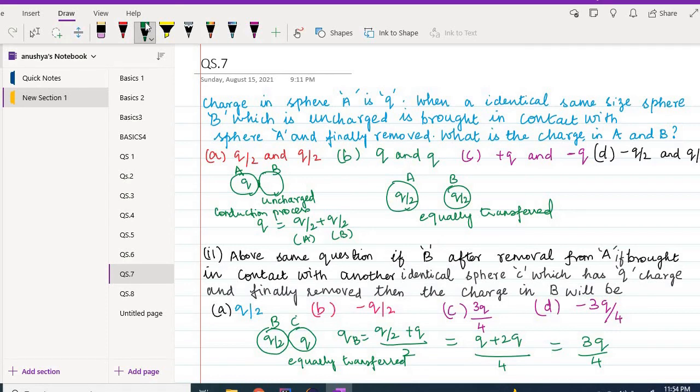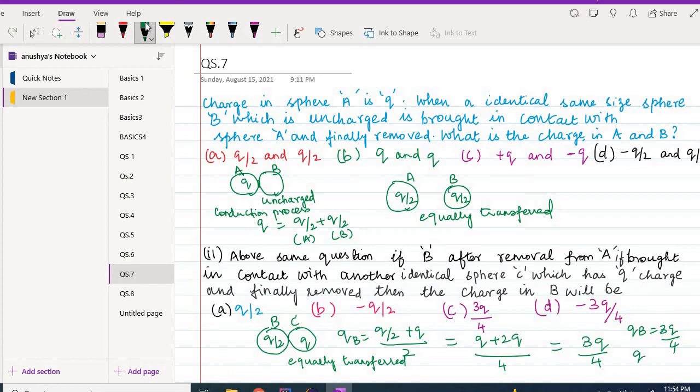We take the same B and put it with another charged body C. Again equal transfer, physical contact, again conduction process. Equal charges will be transferred between B and C. So again Q by 2 plus Q, take the average of it by 2, and you will get 3Q by 4. So Q_B is equal to 3Q by 4.